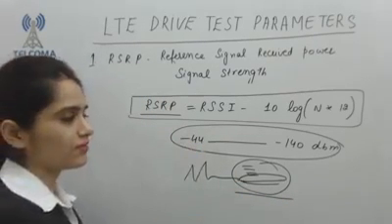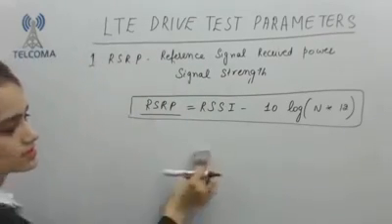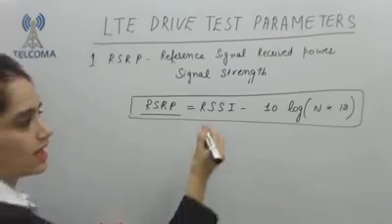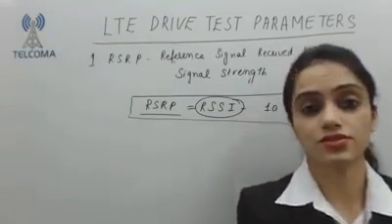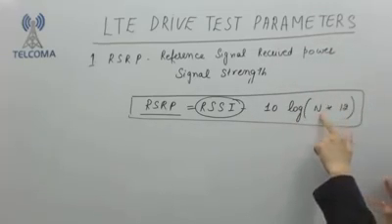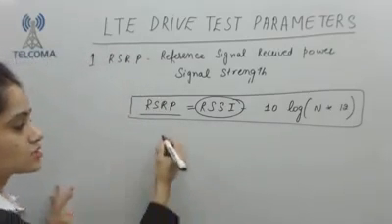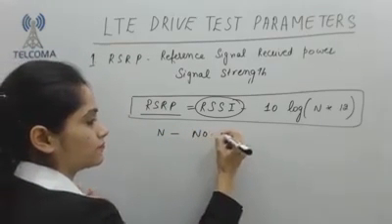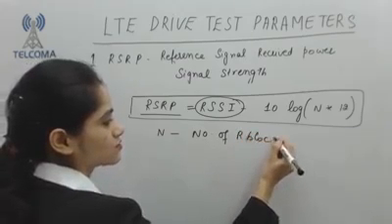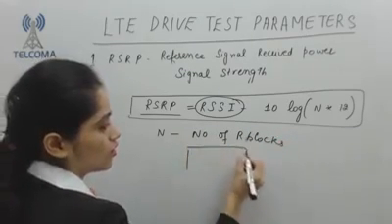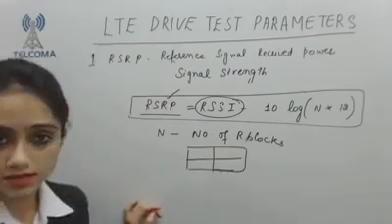Now we have various parameters in this formula calculation. RSSI is also one of the parameters which is required to be measured. Then we have N and 12. First I will tell you what the N parameter is. N is the number of resource blocks over which we are calculating RSRP.